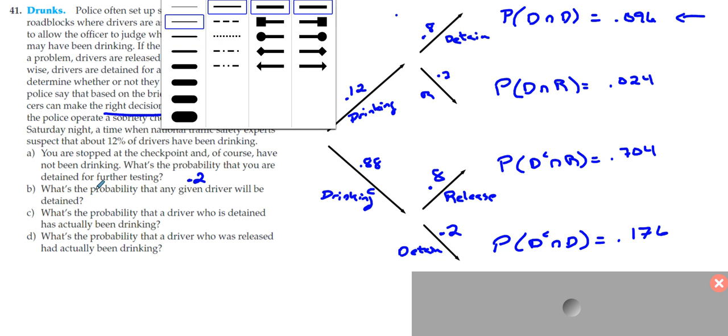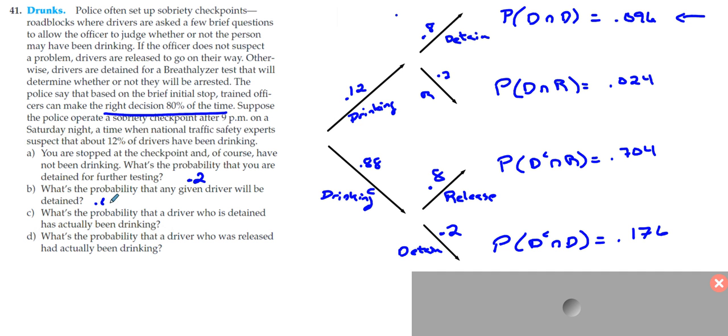So the probability that they were detained after drinking was 0.096, or they were detained after they had not been drinking, which is 0.176, for a total of 0.7272.